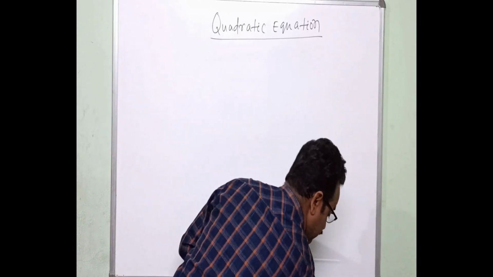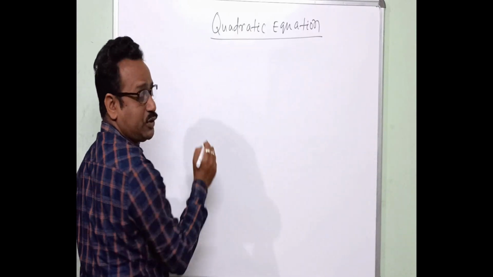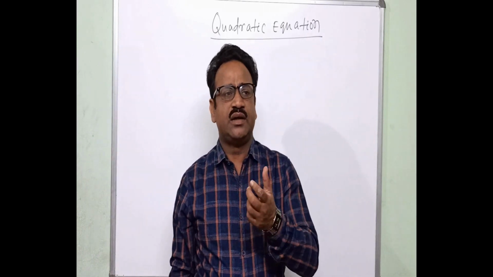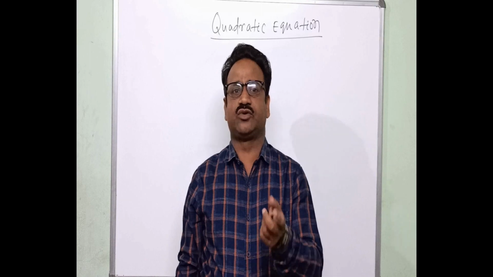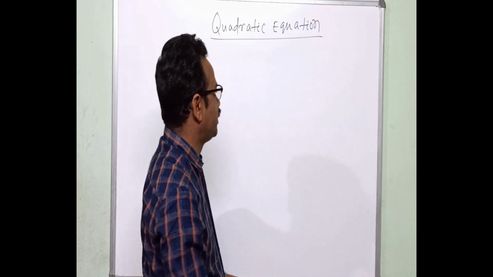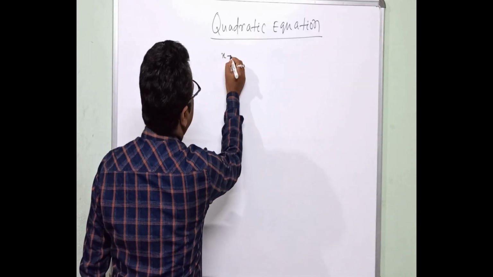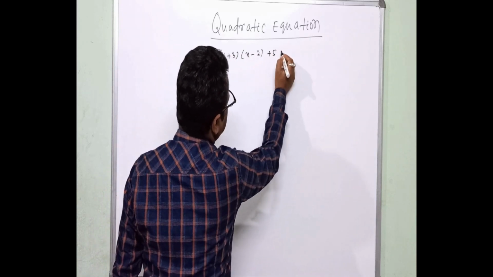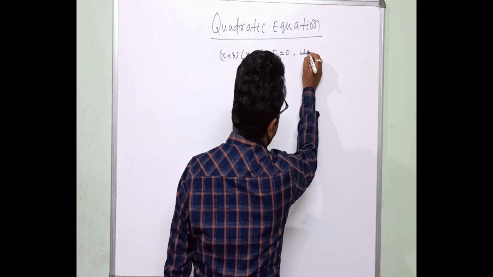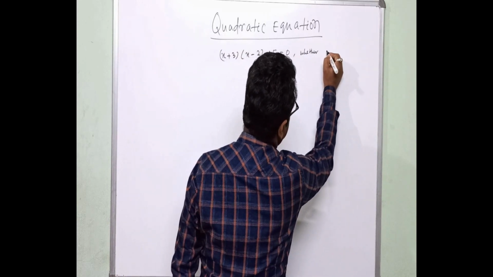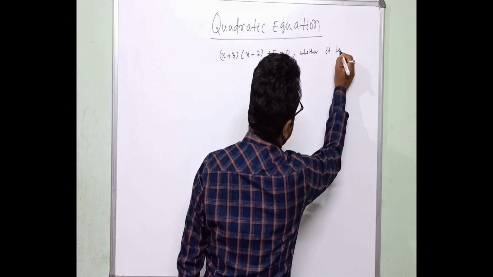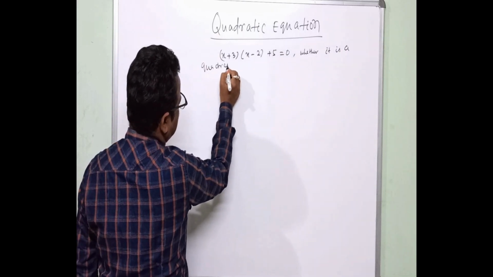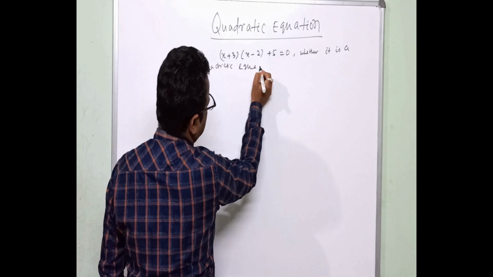Now, before going to discuss the methods, we should know whether the polynomial is quadratic or not. Let us see: given (x plus 3) into (x minus 2) plus 5 is equal to 0, is it a quadratic equation?